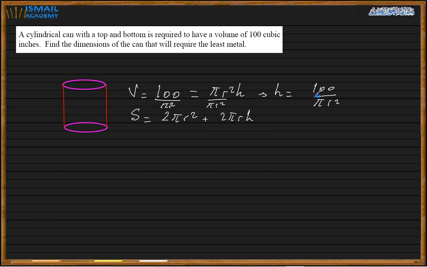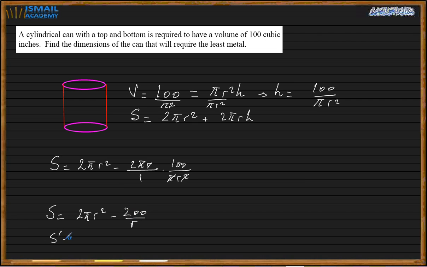So I substitute h by my new expression. So my surface will be equal to 2 pi r squared plus 2 pi r times 100 over 1 times pi r squared. So it cancels the pi and cancels one r. So what's left is 200 over r. So my surface will be 2 pi r squared plus 200 over r.